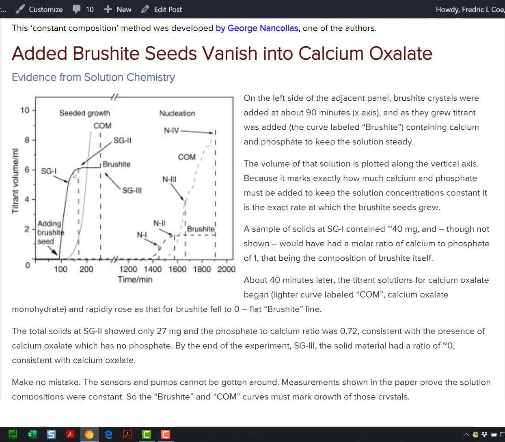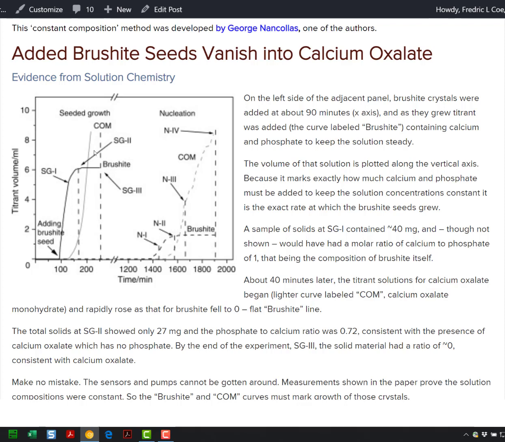And you can see the calcium and phosphate pumps go on. It's called brushite pumps. And then they stop. They stop pumping. A second pair of pumps, which we call the calcium oxalate monohydrate pumps, they pump calcium and oxalate. Well, how do they know to pump calcium and oxalate instead of the other pair pumping calcium and phosphate?